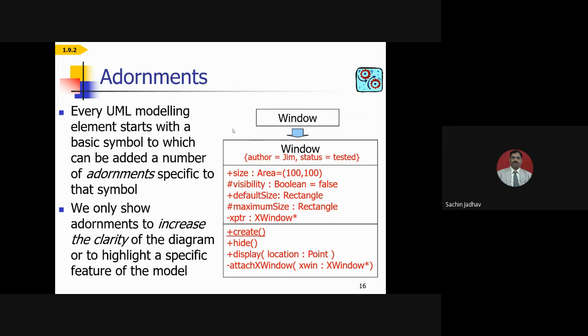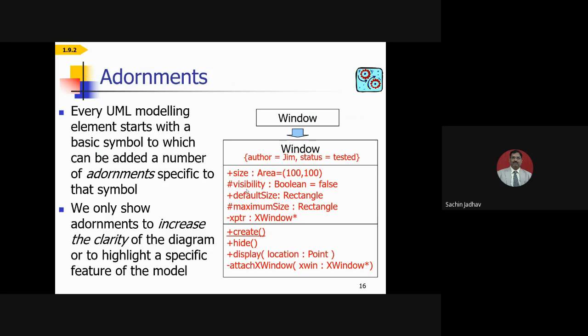For this, you can have a plus sign to show it is publicly available. So the size attribute has public visibility, right? The protected specifier can be specified with the help of the hash notation. Visibility alone does not specify whether the element is public, private, or protected.